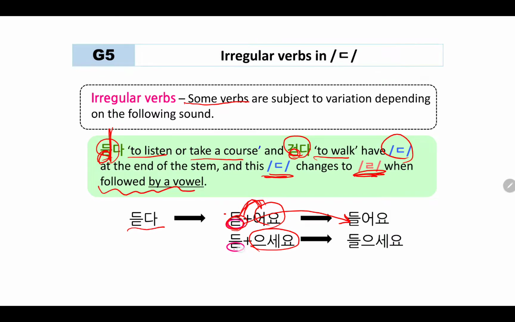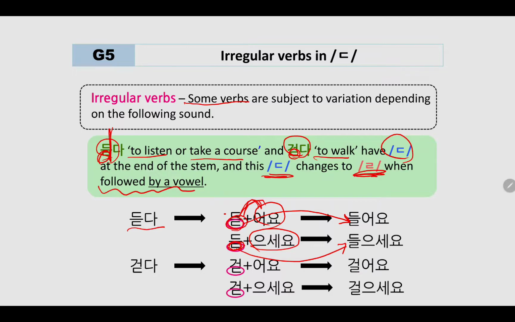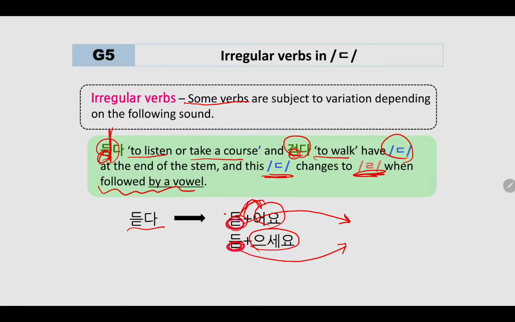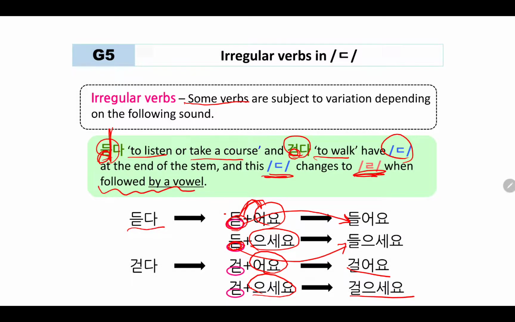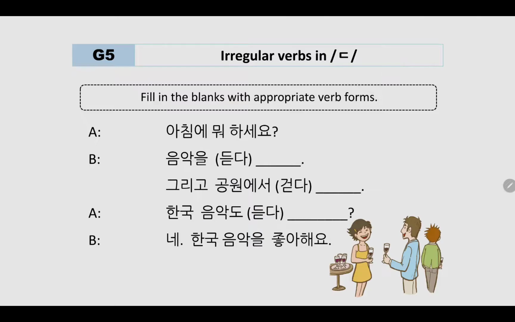Okay, same here. 디귿 becomes 리을 when it is connected to 으세요. Okay, another example is to walk. So 걷다 connected with 어요, 아요, polite ending, and 으세요, please do something. It also becomes 걸어요, 걸으세요. So 디귿 becomes 리을, 디귿 becomes 리을. Yeah, cool. So let's practice.